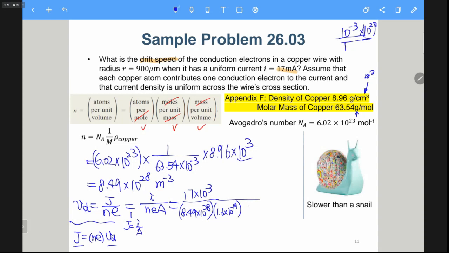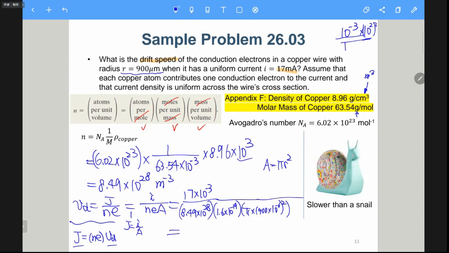And then A is this one. A equals pi r squared. So pi times 900 times 10 to the minus 6 quantity squared, like this.